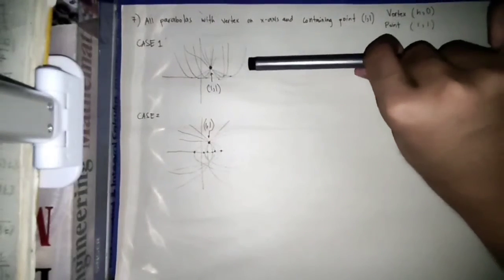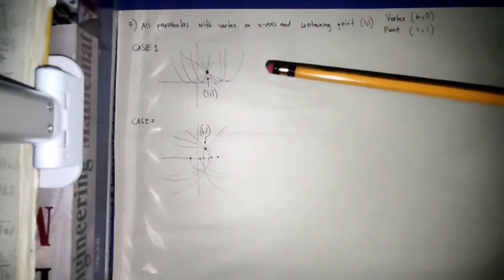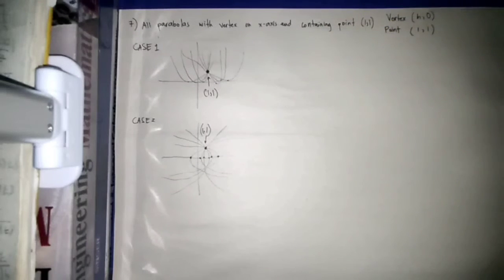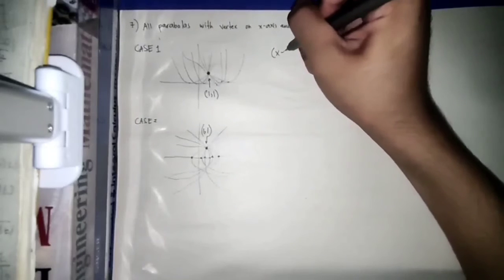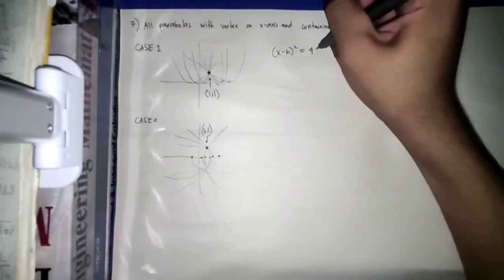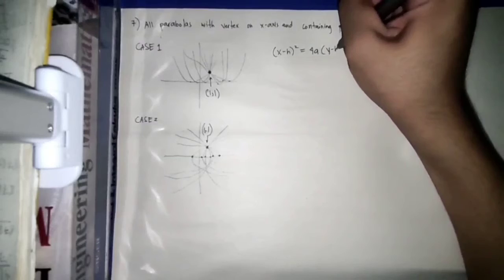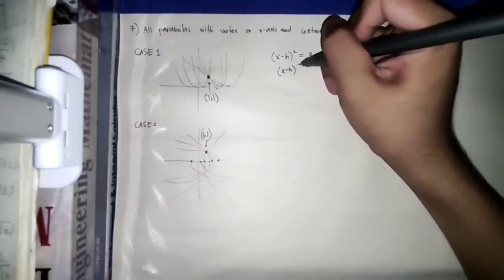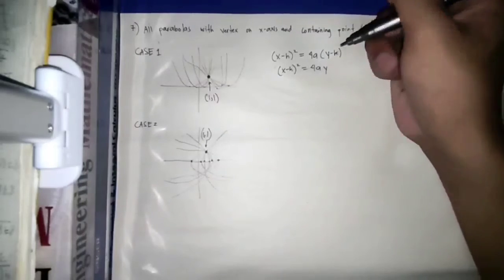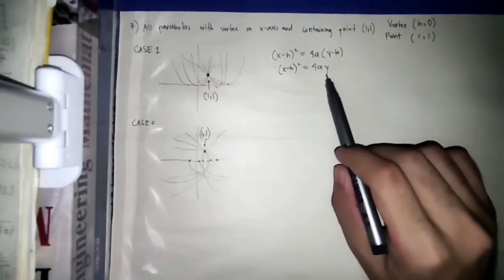First, let's try to work on case 1. The set of parabolas here only opens upward, so the equation should be x minus h squared equals positive 4a times y minus k. And since the vertex is h, 0, this quantity only leaves us y.